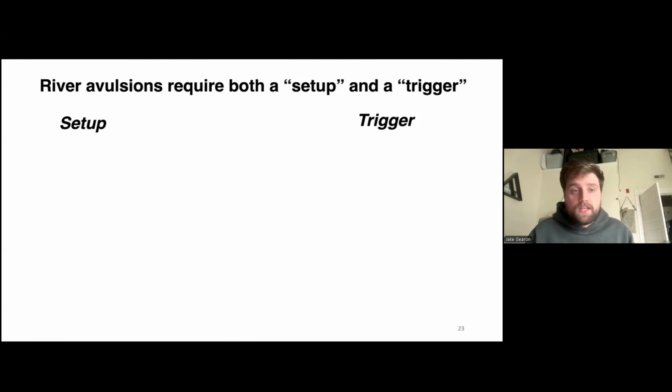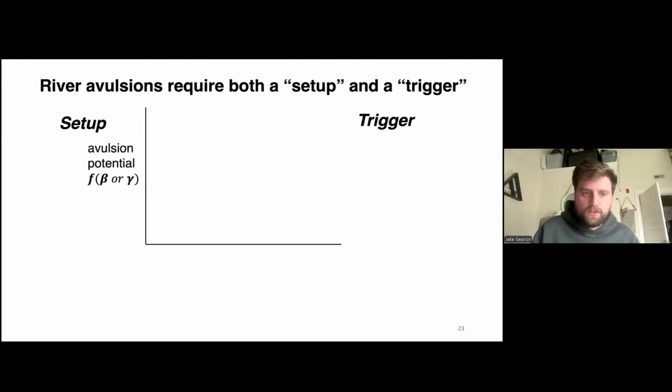They need a setup, like I just said, but they also need what's called a trigger. So I'm going to try to show that here with a fun little graph. So we just found out that avulsion potential can essentially be thought of as a function of beta, alluvial ridge superelevation, or gamma, gradient advantage. Okay, so that's what I'm going to have on the y-axis. And on the x-axis is going to be time.